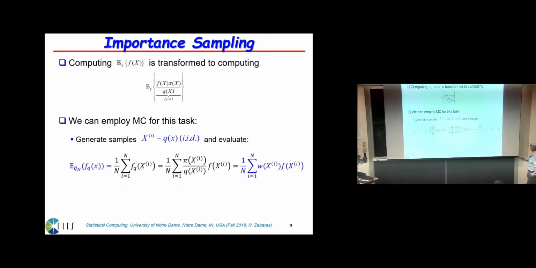We're going to take n samples from the distribution q of x. You remember, the expectation of f with respect to pi now becomes an expectation with respect to q of f times w, and this is what the result is.